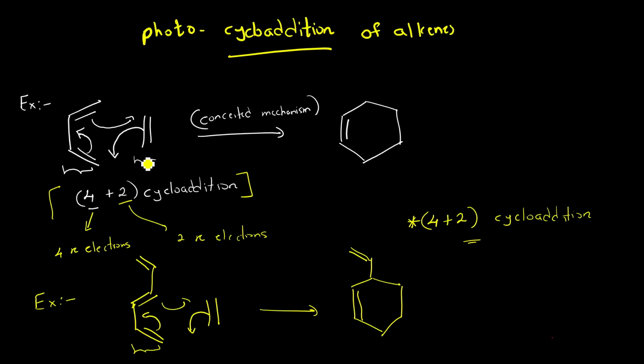Now when photochemistry is involved, if you remember what we have talked about, the effect of photochemistry on our reactions is that when our molecules get excited, this pi bond gets weak. So what happens due to that? Let's take an example like this. Here we have two dienes.